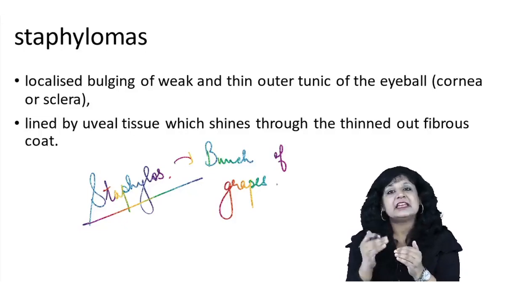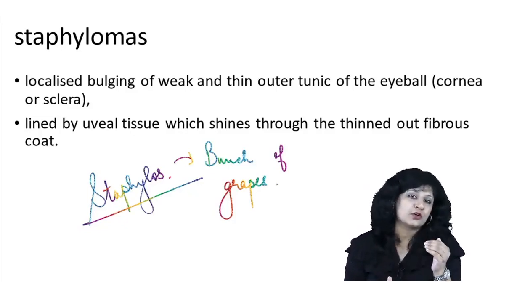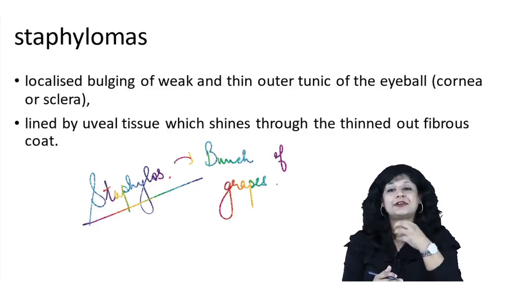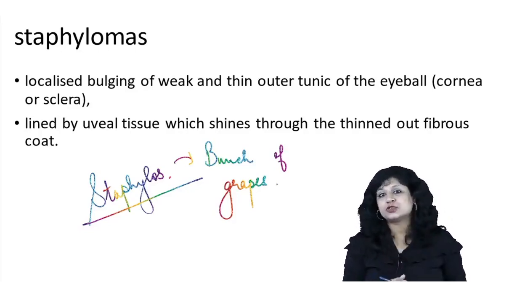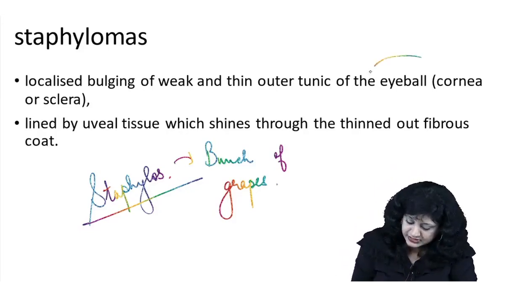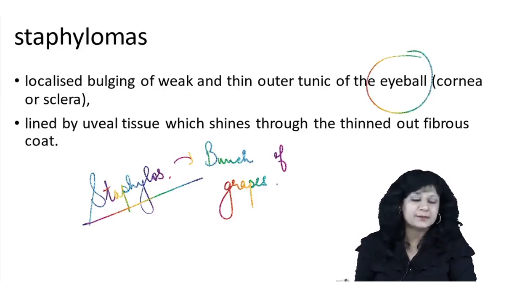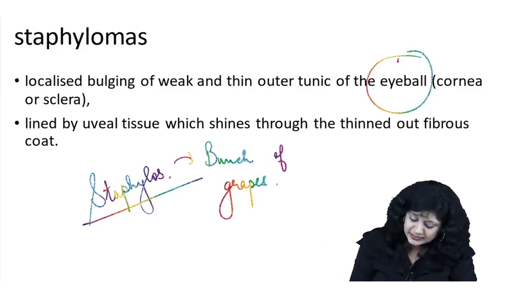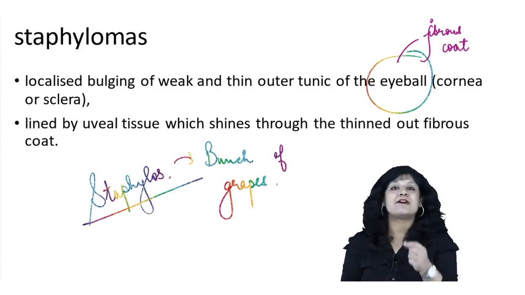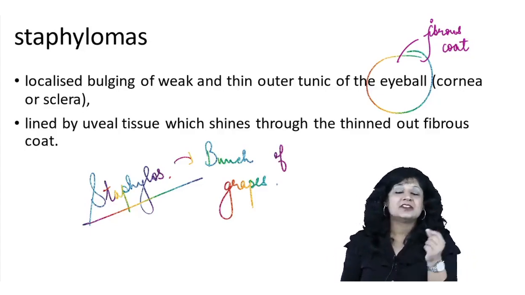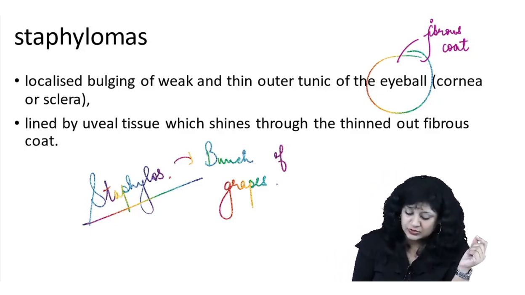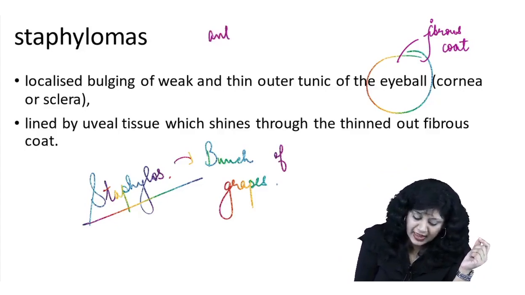Whenever there is thinning or weakening in the outer tunic of the eyeball. Now what is the outer tunic of the eyeball? It is actually the fibrous coat, and we know that this fibrous coat can be divided into anterior 1/6 and posterior 5/6.